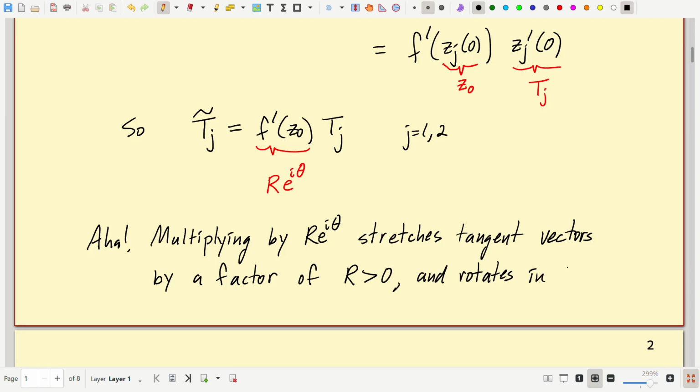That's assuming theta is positive. If theta is negative, of course, it's the other direction. So it rotates by theta in the counterclockwise direction.